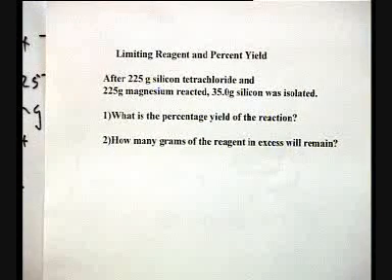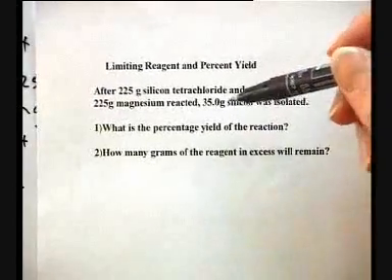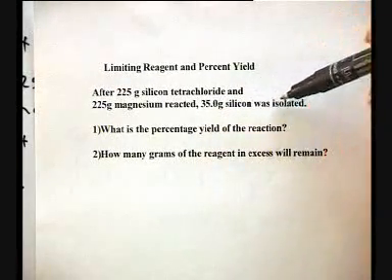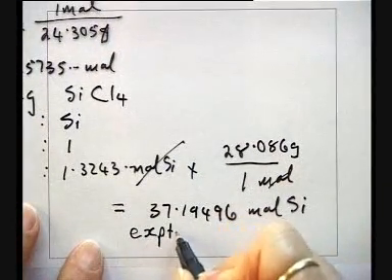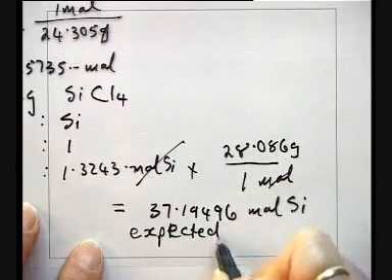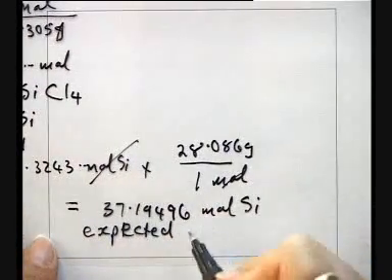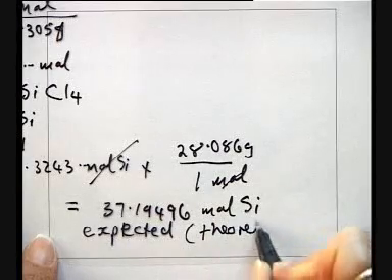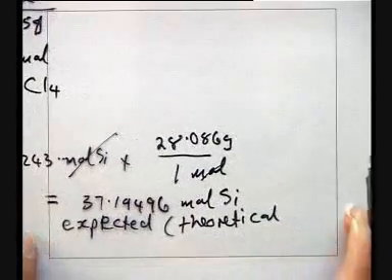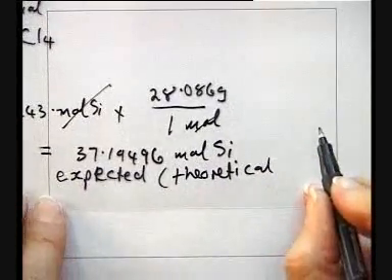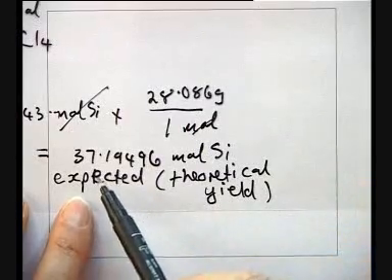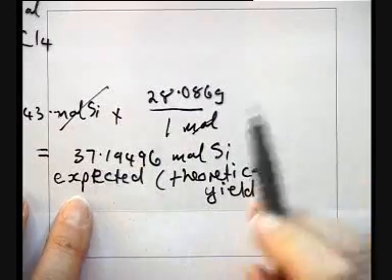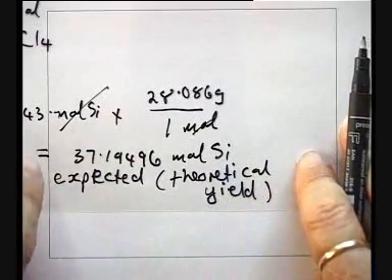Looking at the information given, only 35 grams of silicon was isolated. So this is the expected, or we also call it the theoretical yield. You did not isolate 37 grams. You've only isolated 35 grams. So we express this as a fraction in terms of percentages.